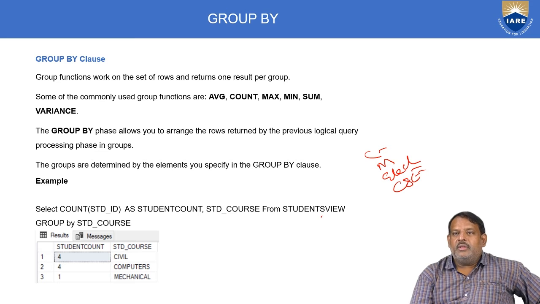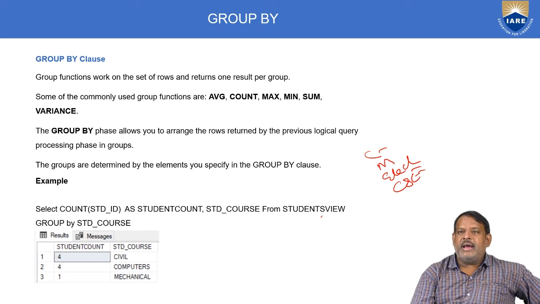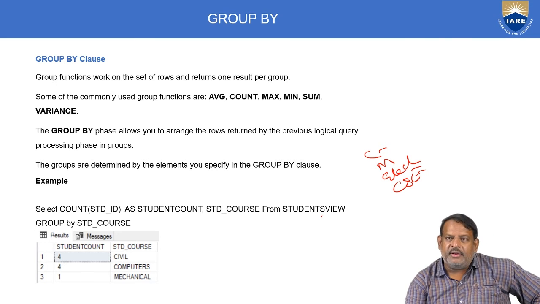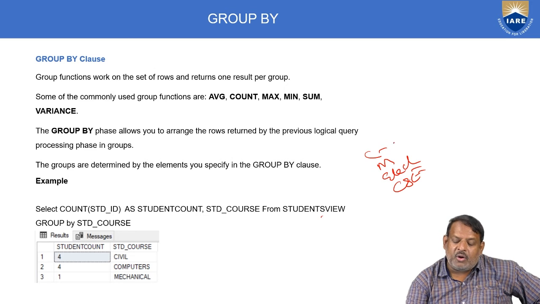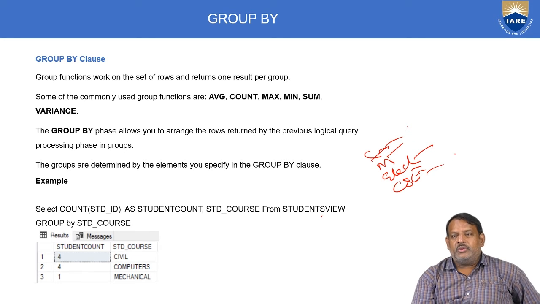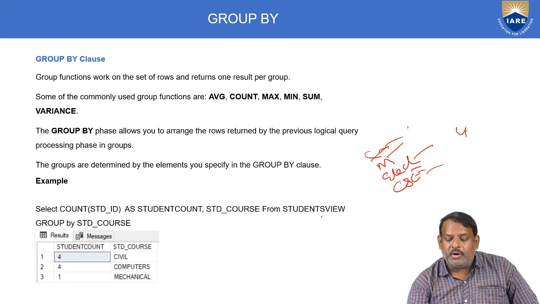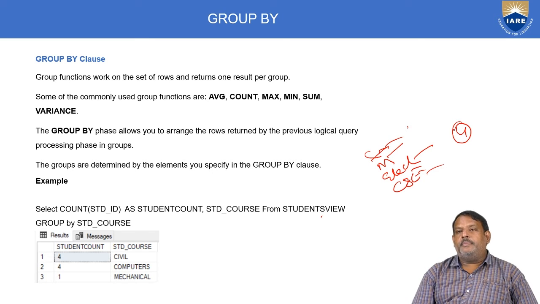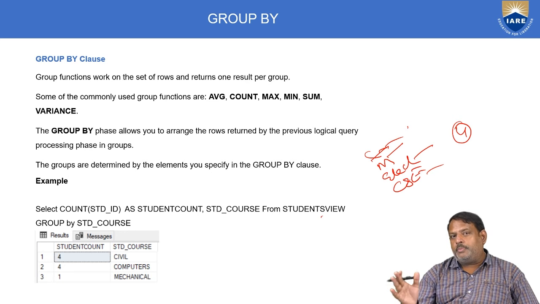I want to know the count of each branch's students. So I have to count civil first, then mechanical, then electrical, then CSE. So four times I have to count the data for each group. Suppose there are 100 groups, I have to count 100 times, once for each group.